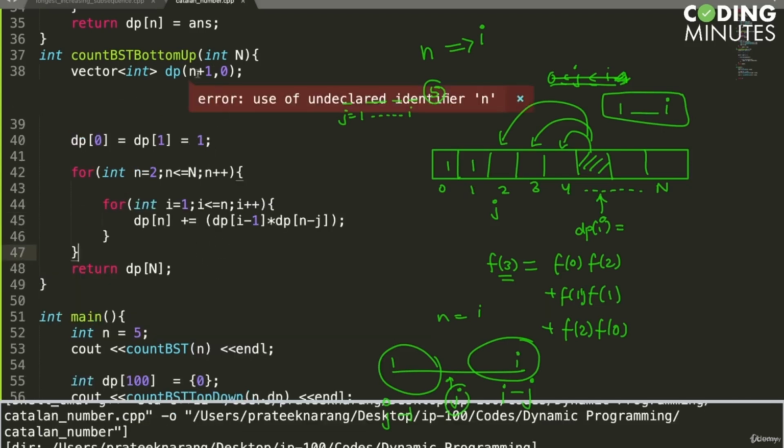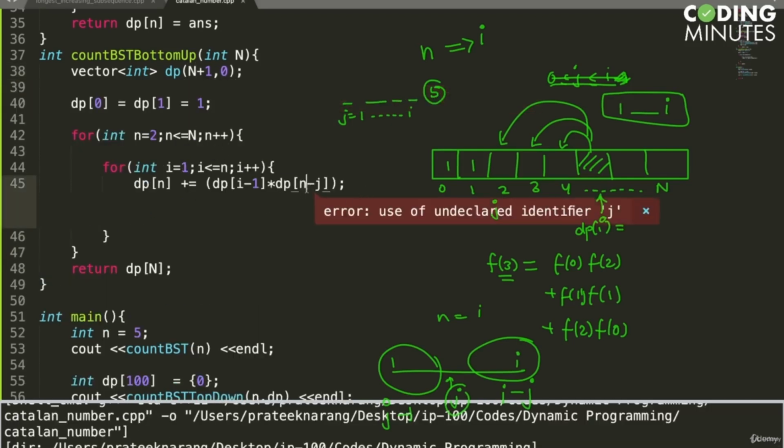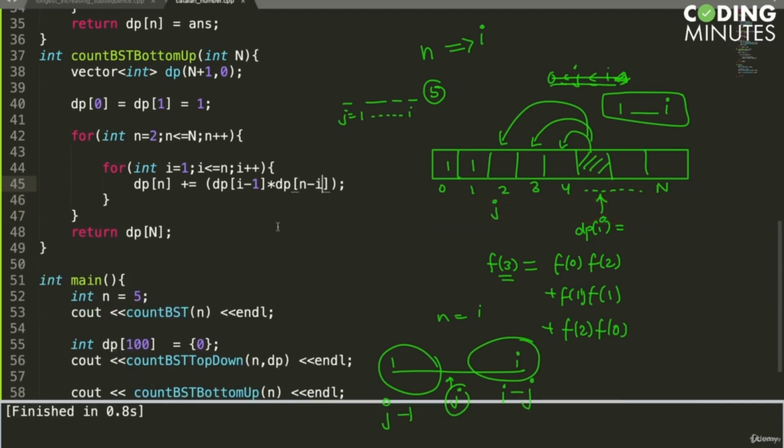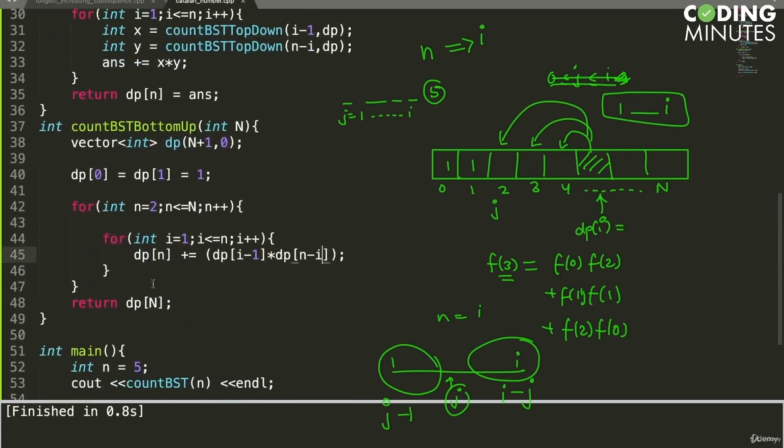So this is another way of writing the same code. So this would be dp of n minus i. So this is how you can relate this code with this code.